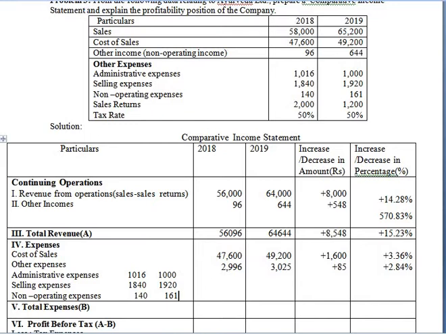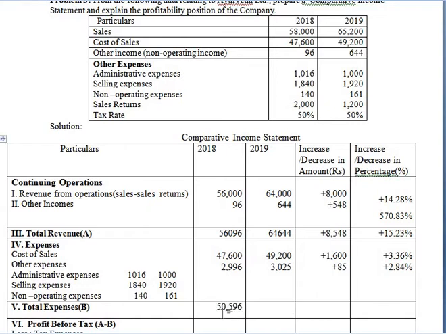Okay. Now next one is we have to find out total of expenses. So make the total of cost of sales and other expenses. We will get what? Total expenses for the year 2018. So 47,600 plus 2,996 is equal to 50,596.